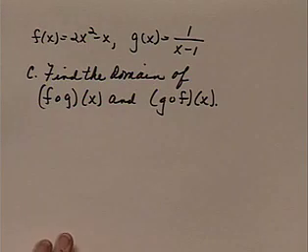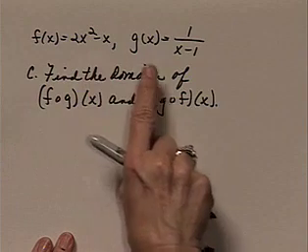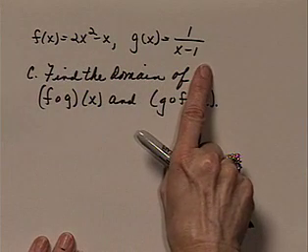Now, one thing we should do here is to check the domains for both of our composite functions. Now, the domain of f is the set of all real numbers. The domain of g is the set of all real numbers except x equals 1.